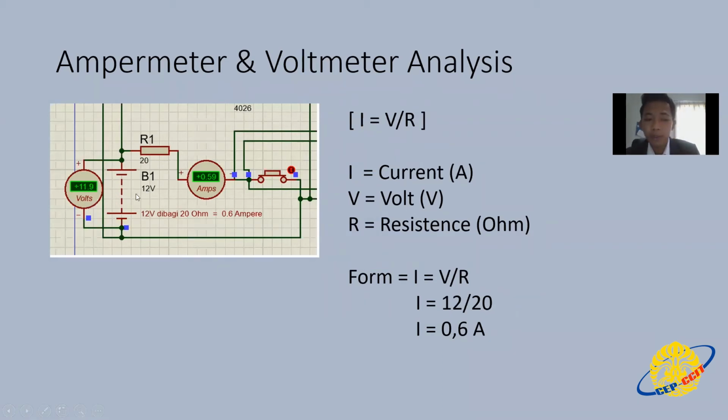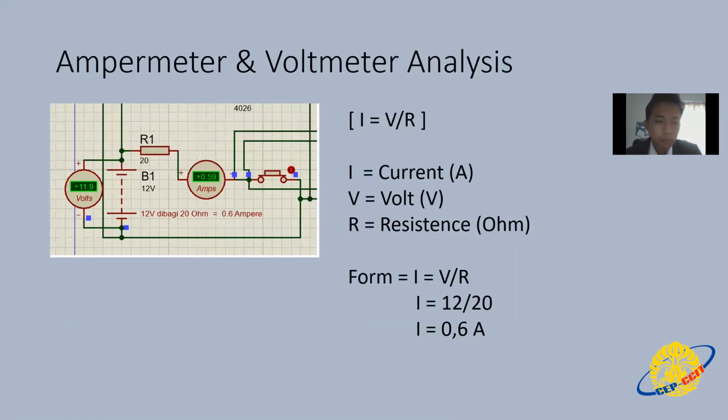Why is it 11.9 and not just 12? Because we think that when we run it, the voltage will run through the whole circuit and come back to the negative. That is what makes it 0.1 volt less than it's supposed to be.